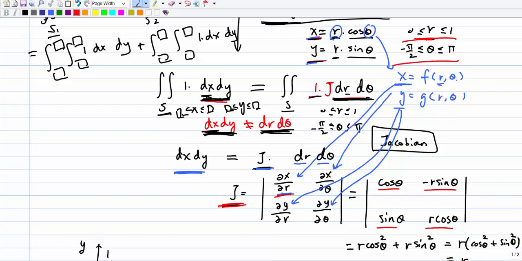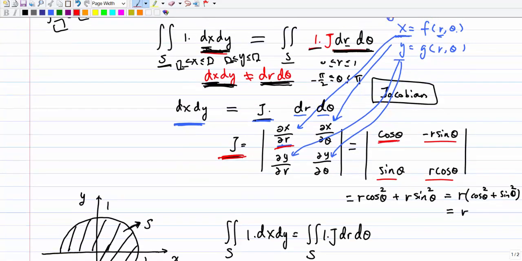The determinant of this 2 by 2 matrix is cosine theta times r cosine theta, minus the product of the off-diagonal entries, which is sine theta times minus r sine theta. Because you subtract that, it becomes plus. So it's r cosine squared theta plus r sine squared theta, which is r times cosine squared theta plus sine squared theta, which is r.